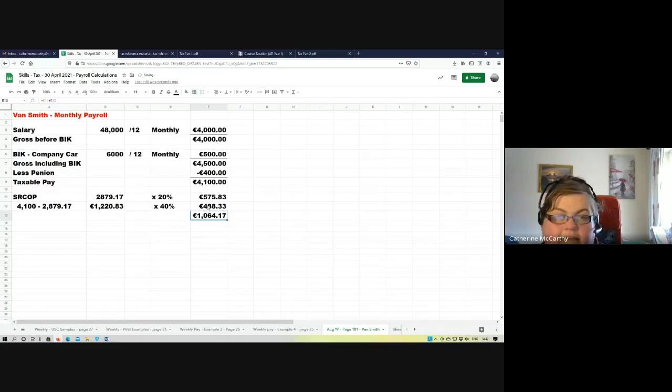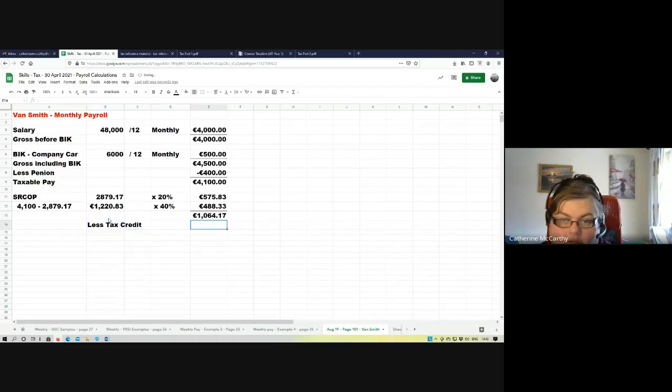So that's giving us tax of 1,064.17, and then less the tax credit. The tax credit is 275.